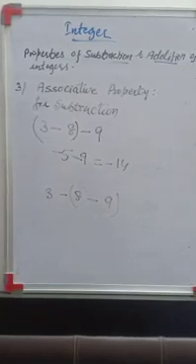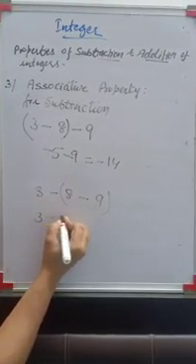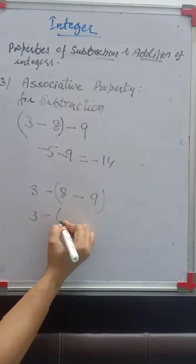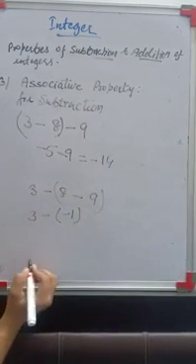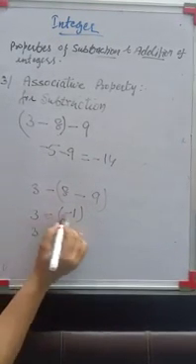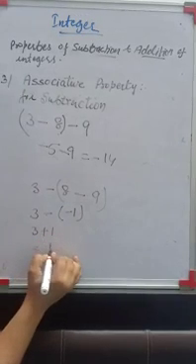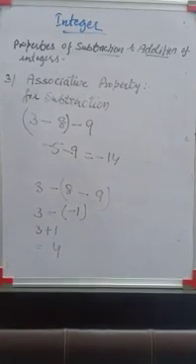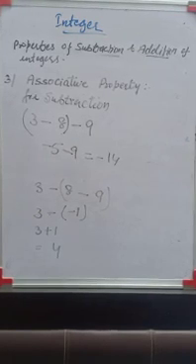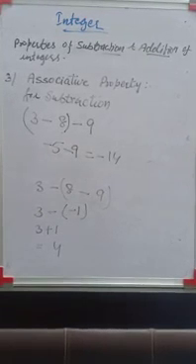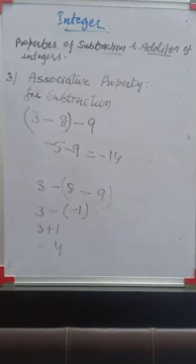Now check it over here. 3 minus, in the bracket, 8 minus 9. 8 minus 9 will be minus 1, right? Then 3 minus minus 1 becomes plus. Is it true? What have we done? In the first case we get the result minus 14, but in the second case we got the result 4.